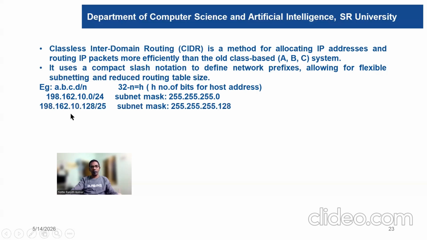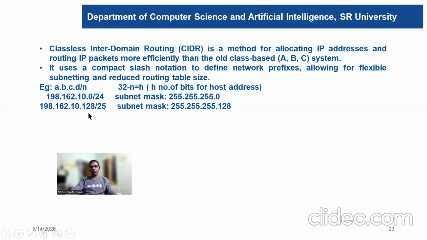Let us take another example, 198... with /25. /25 means the first 25 bits are used for the network address and the remaining are the host address. So the first 25 means up to the first 24, which is 8 bits, 8 bits, 8 bits, and the next, the 25th, comes from the last byte.